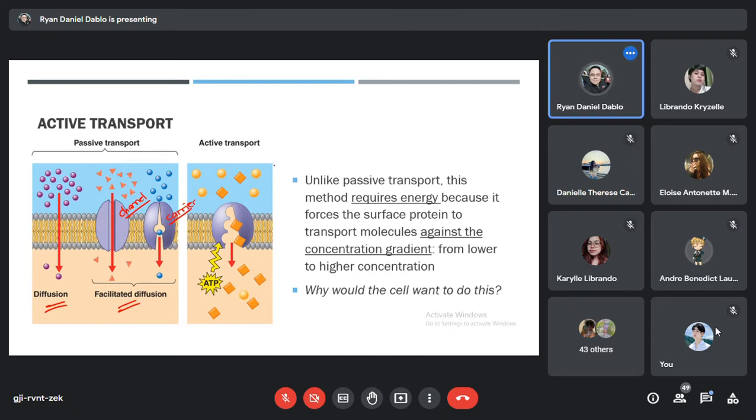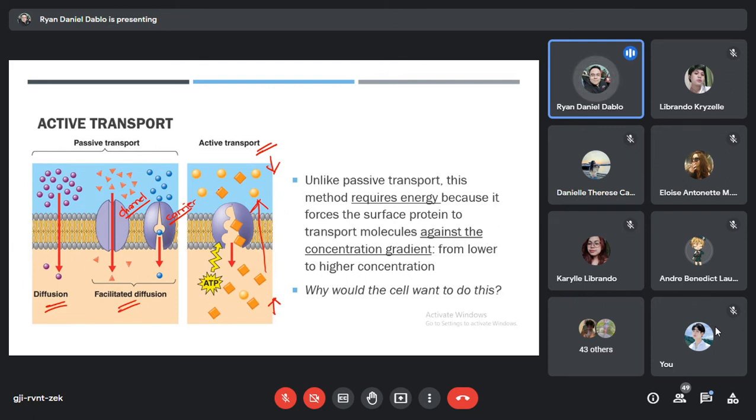What about active transport? So take a look at the image. You will see there that the square molecule, the diamond one, the dark yellow molecule, is greatly concentrated inside the cell and less concentrated outside. So normally, diffusion will happen in this direction because of the concentration gradient.